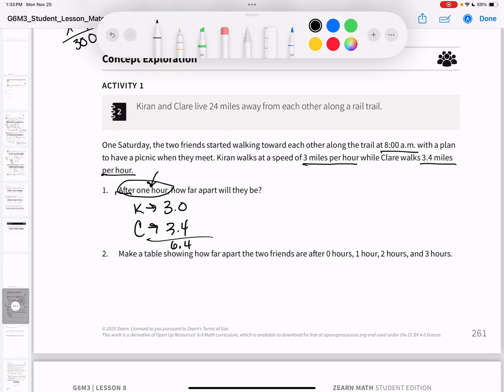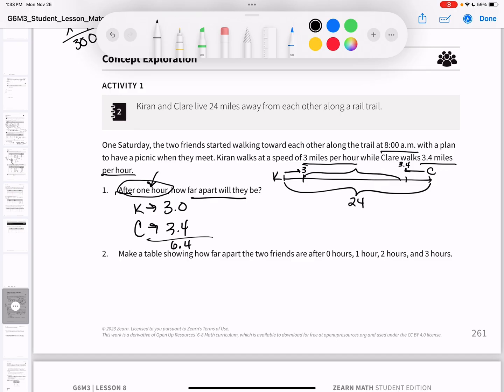But it says, how far apart will they be? So Kieran starts here. Claire starts over here. They have a total mileage of 24 miles apart that they need to walk, right? So Kieran, after an hour, has gone 3 miles, and Claire, after an hour, has gone 3.4 miles. So we want to know what this distance is.